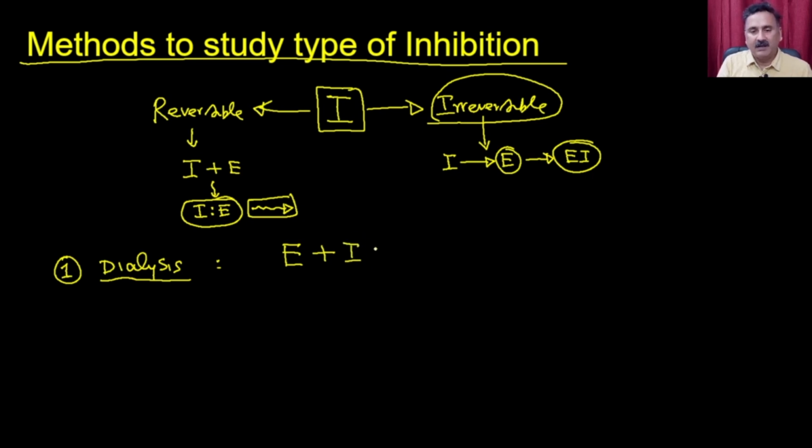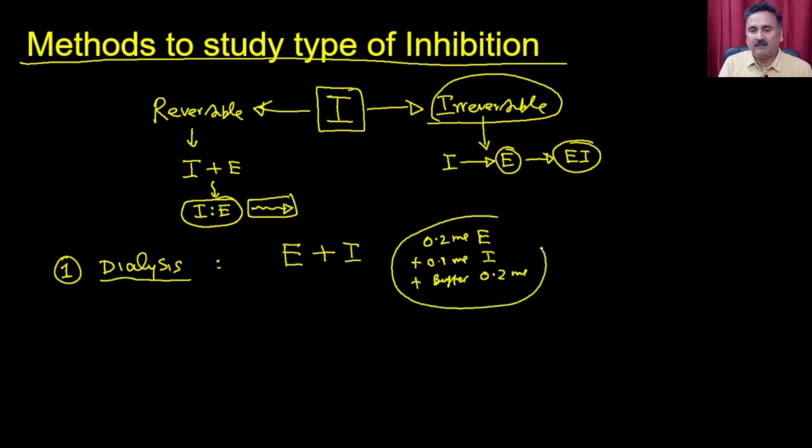For example, I take 0.2 ml of enzyme, add 0.1 ml of inhibitor, and then add 0.2 ml of buffer. So this is a total of 0.5 ml enzyme inhibitor mixture.